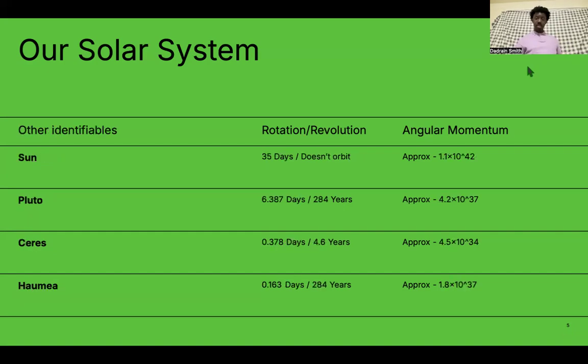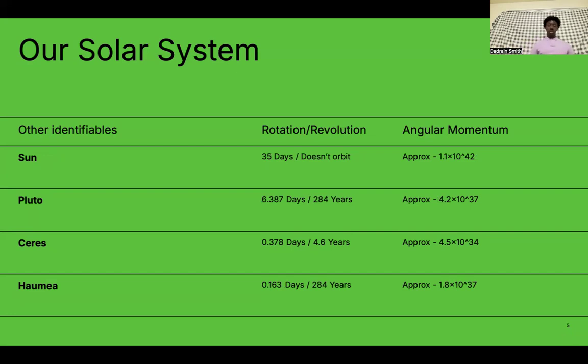Then you have the sun. We're going to skip past all the other planets that don't really matter in the presentation. The sun has a rotation on its axis of 35 days. It doesn't revolve around anything because it's the sun, but it has an angular momentum of 1.1 times 10 to the power of 42.